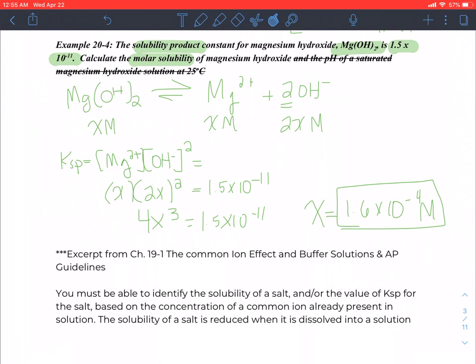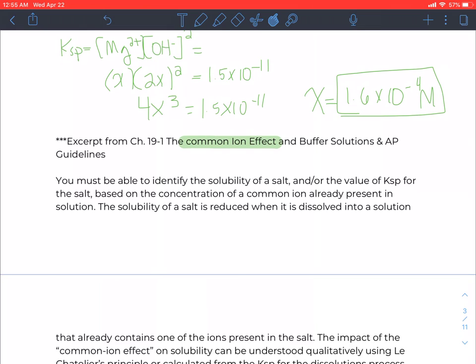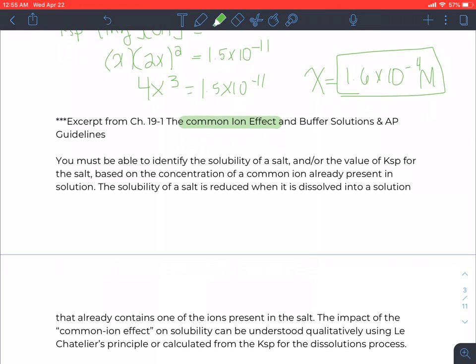Now, I'm going to read a little bit further on, okay, before we go to the next video, and highlight a few things. This is an excerpt from Chapter 19.1, the common ion effect in buffer solutions. You must be able to identify, and this is what will be tested, the solubility of a salt and/or the value of KSP for the salt, which we've just learned how to do, based on the concentration of, and this is a new part, a common ion already present in solution.